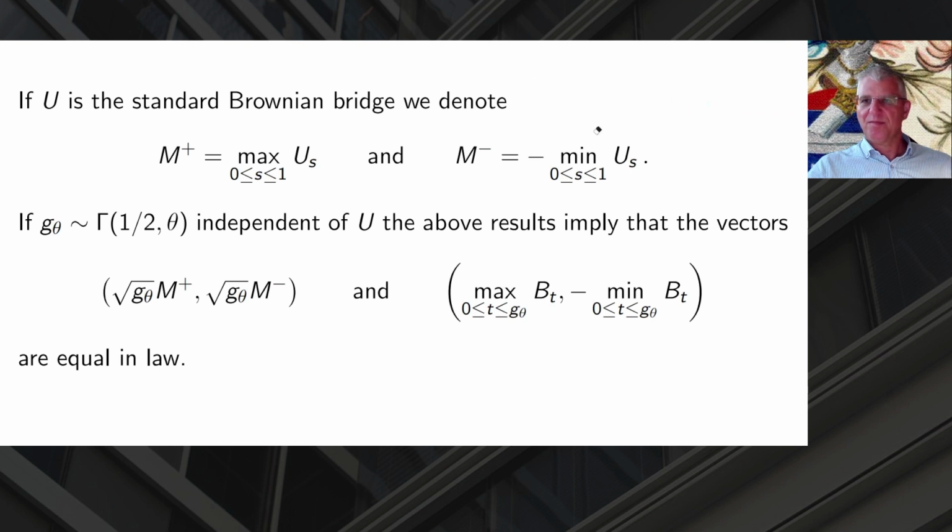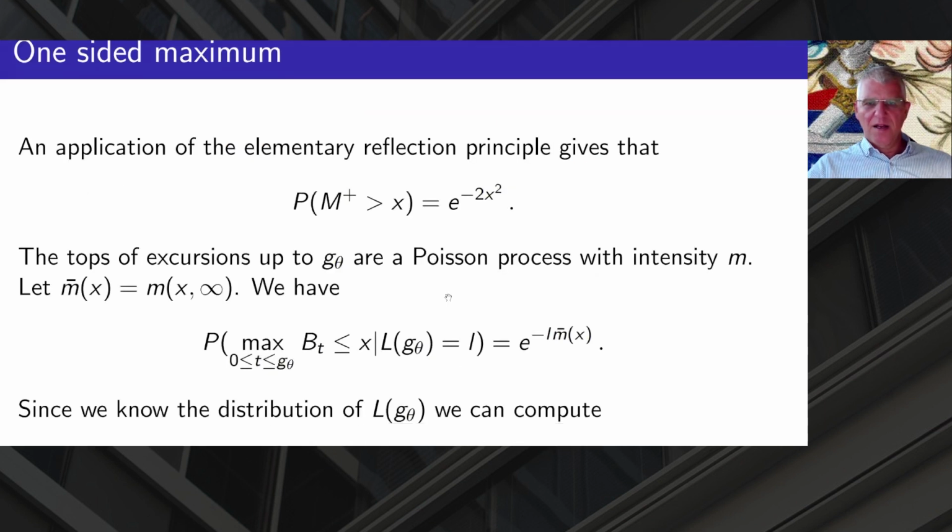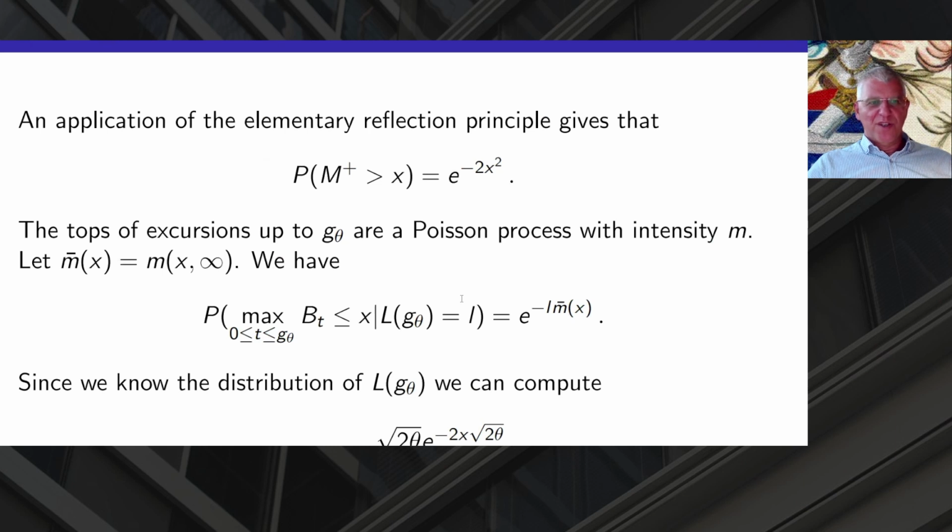Okay, let's now continue. What you can do is get an application of the elementary reflection principle. And this is, you can derive the positive maximum of a Brownian bridge very easily. It's a simple distribution.